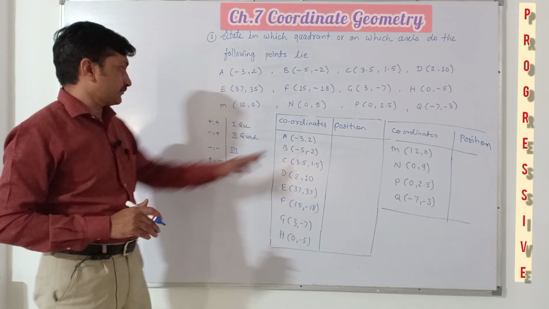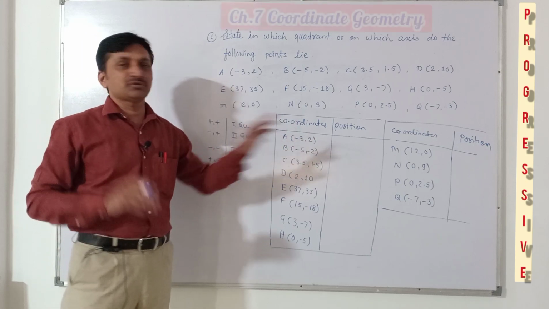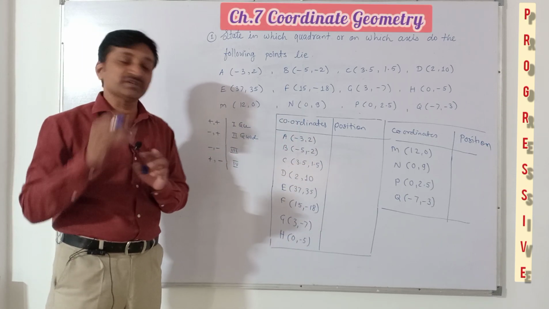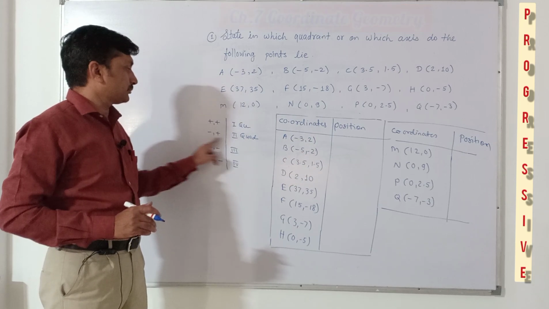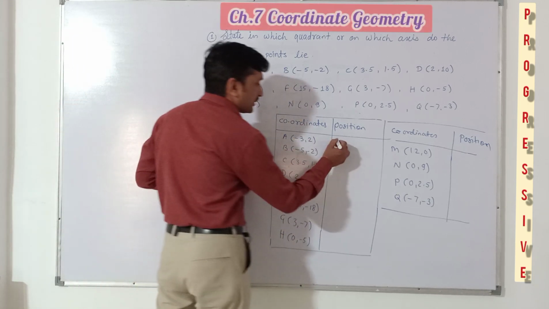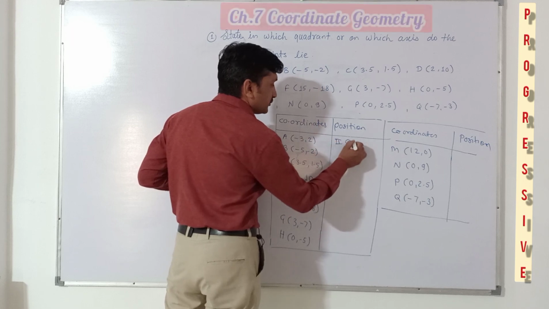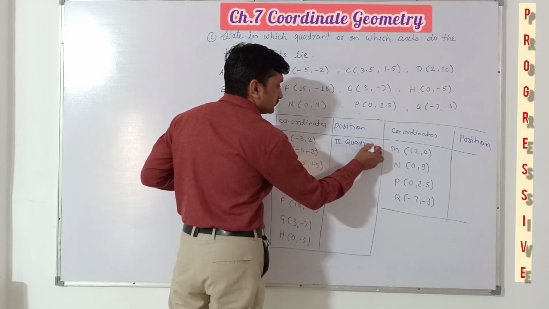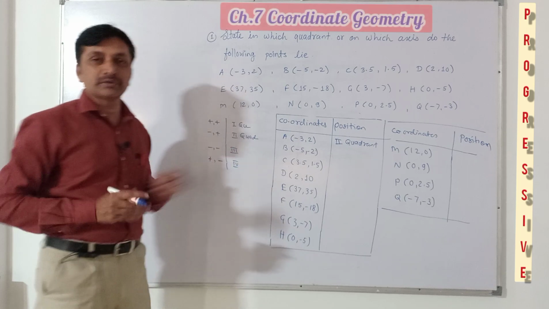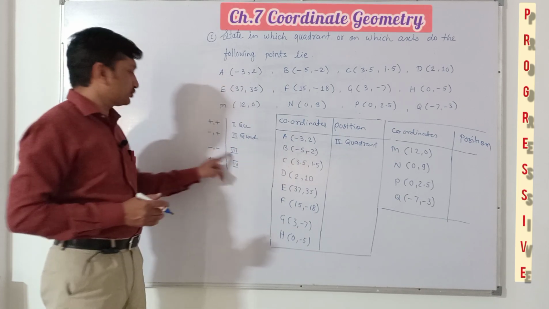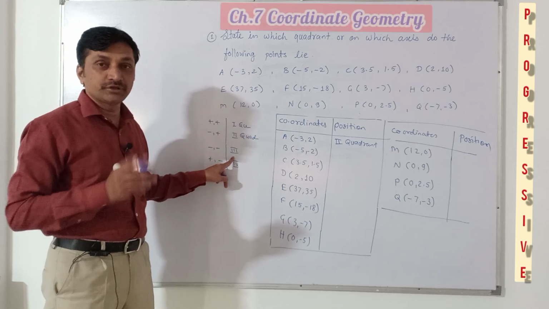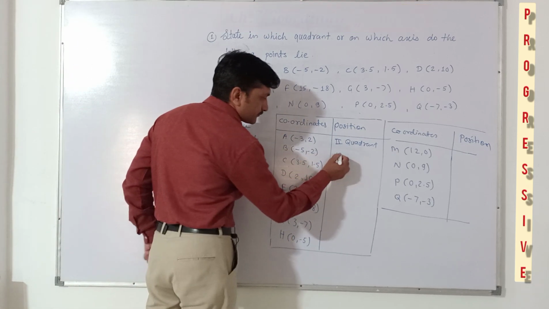Okay, now let's see. Minus 3, 2: no need to see the numbers, only the sign. Minus plus, second quadrant. Therefore you can write the direct answer, second quadrant. Minus plus, remember this. Both negative, third quadrant.